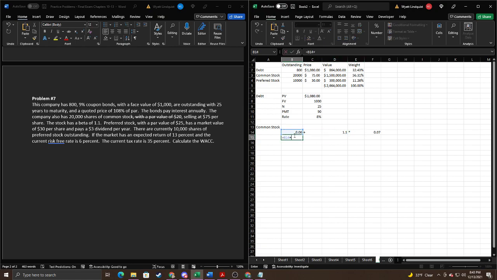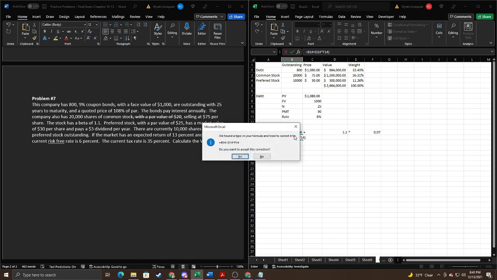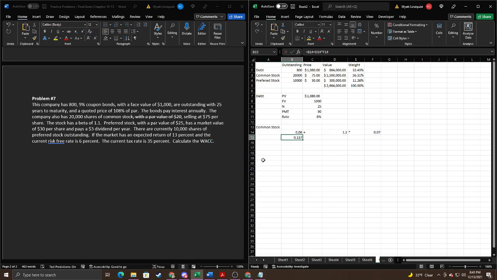So we're going to have 0.6 plus 1.1 times that. So there we go. And now we get that the cost of common stock is 13.6 or 13.7%. Now we have preferred stock, and I probably spelled that wrong, but that's okay.